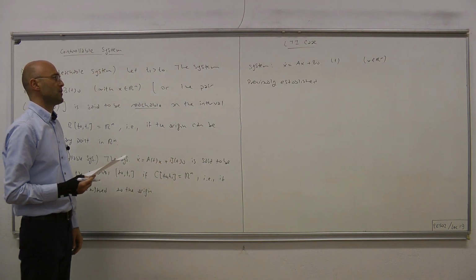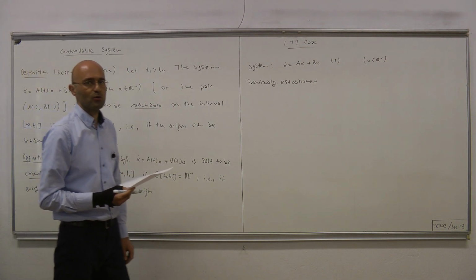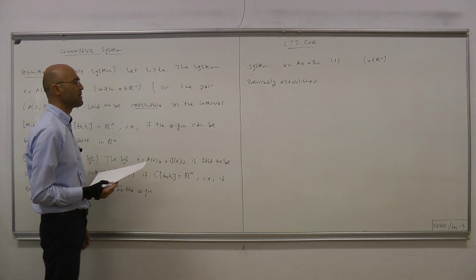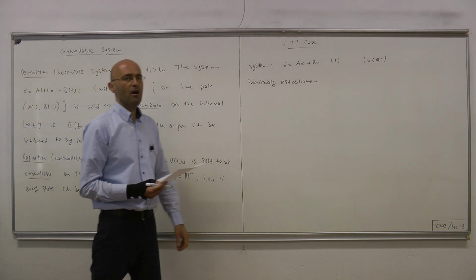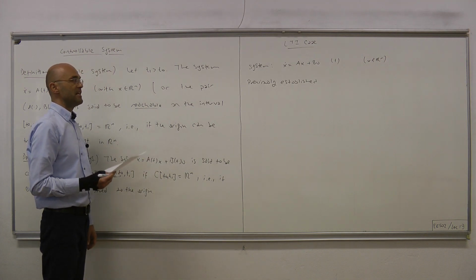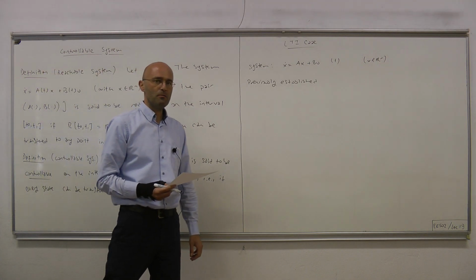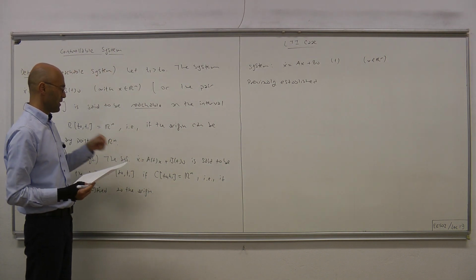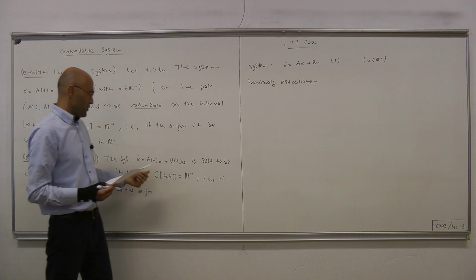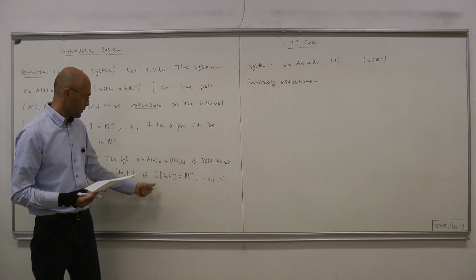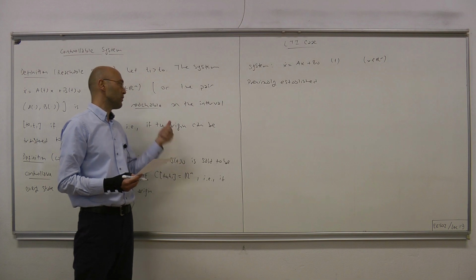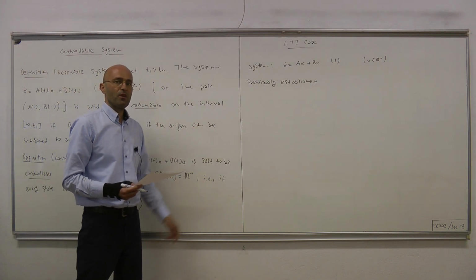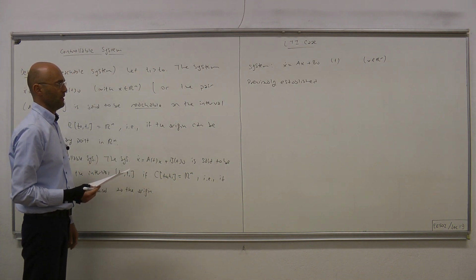For an LTI system, reachable subspace and controllable subspace are identical. They're the same subsets of Rn, and they are equal to the range space of the controllability matrix. And now we have introduced these definitions, which say that if the controllable subspace is Rn, or the reachable subspace is Rn, then the system is controllable or reachable respectively.